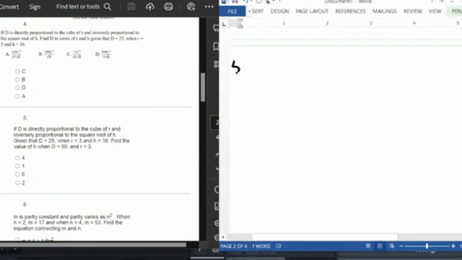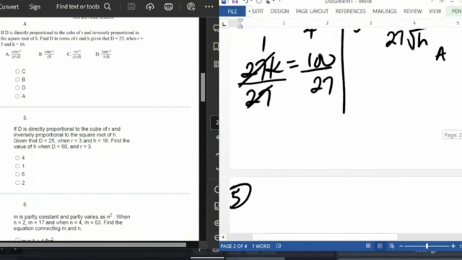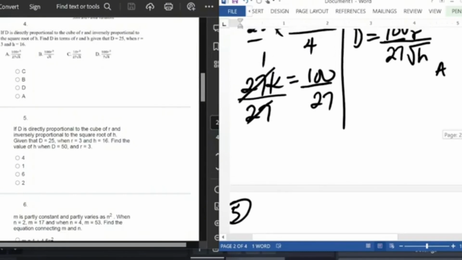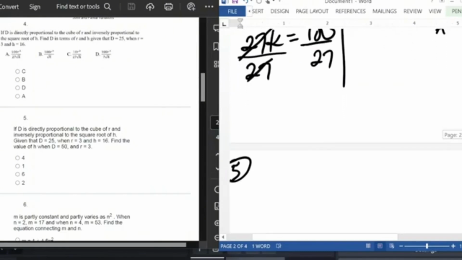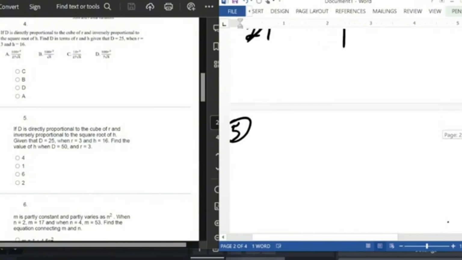For question number 5, we have the same question. Find the value of H when D is 50 and R is 3.